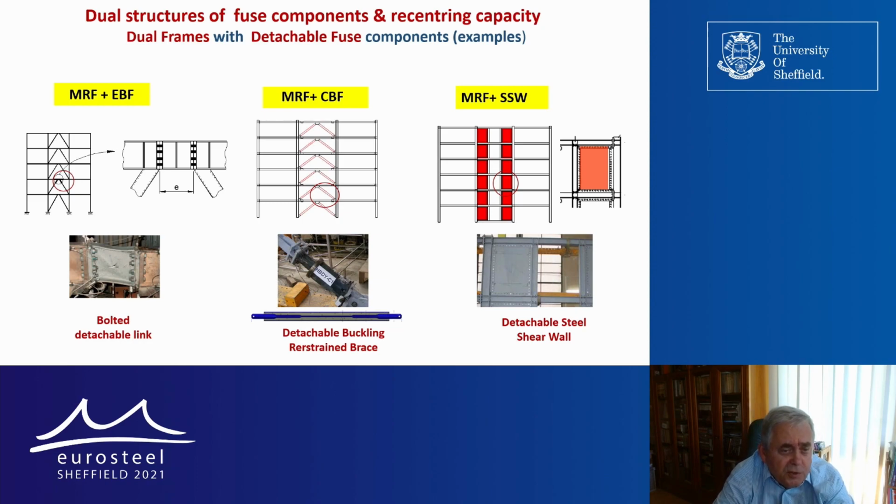We have eccentrically braced frames, which are combined with moment resisting frames. But in this case, the link is not fixed. It is a detachable link, because this is the main ductile component which practically will concentrate the dissipation of seismic energy in the entire structure.